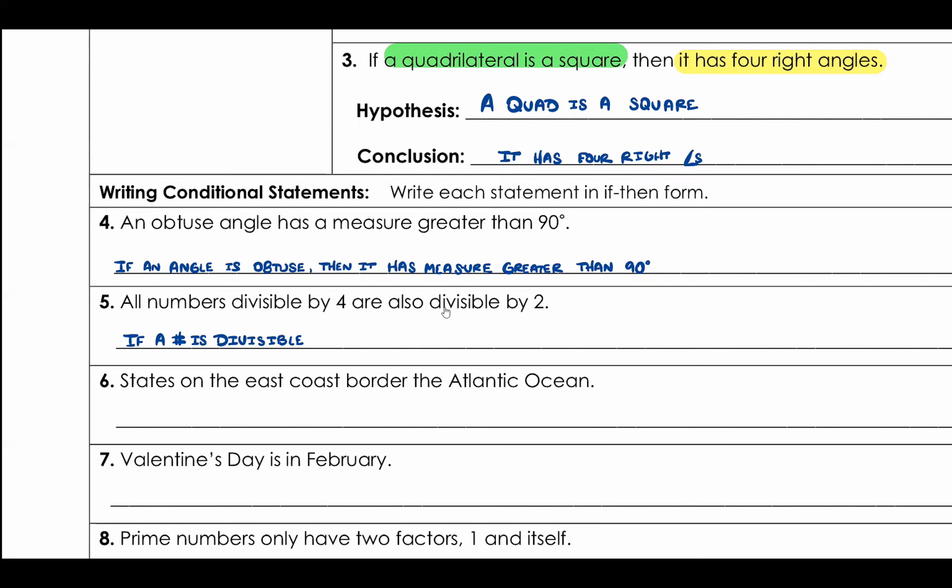Did that meet the hypothesis? All numbers divisible by 4? If a number is divisible by 4, then what? Then it is also divisible by 2.